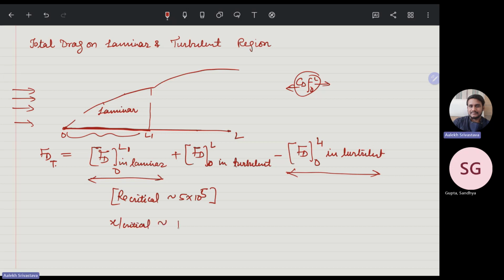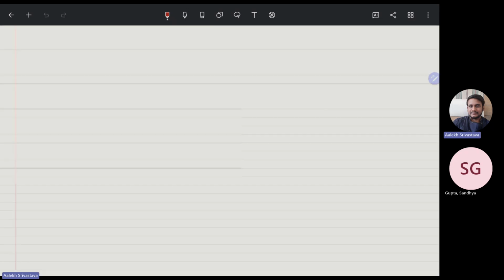When this x is known, you divide the region and say that 0 to x is laminar, plus 0 to complete L turbulent, minus 0 to x again in turbulent. In this way the equation will be solved, and we will look at how to obtain the drag for this particular mixed region. Okay, so that thing we will solve.